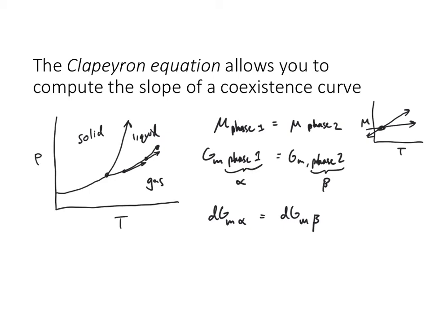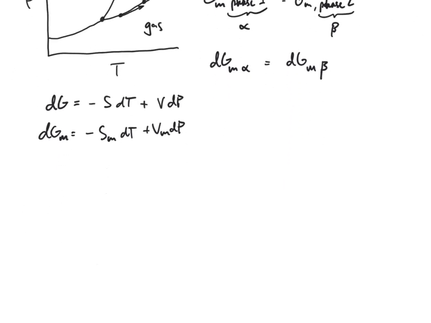The next step is I want to remind you what the total differential for the Gibbs free energy is. And if you recall, it's equal to the negative entropy times a change in temperature plus a volume times a change in pressure. And you can find that using the thermodynamic square. And I'm just going to make a slight modification here by including molar quantities so that we can use this one directly.